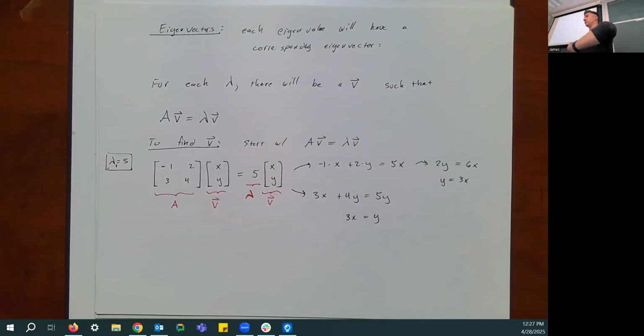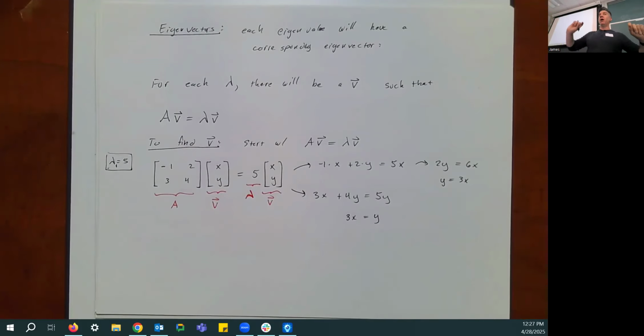What you do need to do is be comfortable saying, I'm going to pick x equal to some number. What number? Any number except for 0. Because the only choice that is not a valid choice for an eigenvector is the 0 vector. So we don't want 0, 0 ever. Never, ever, ever. Any other choice is fine.